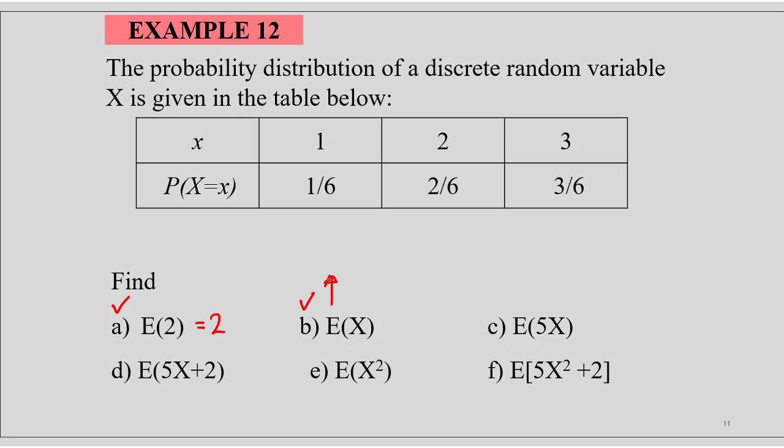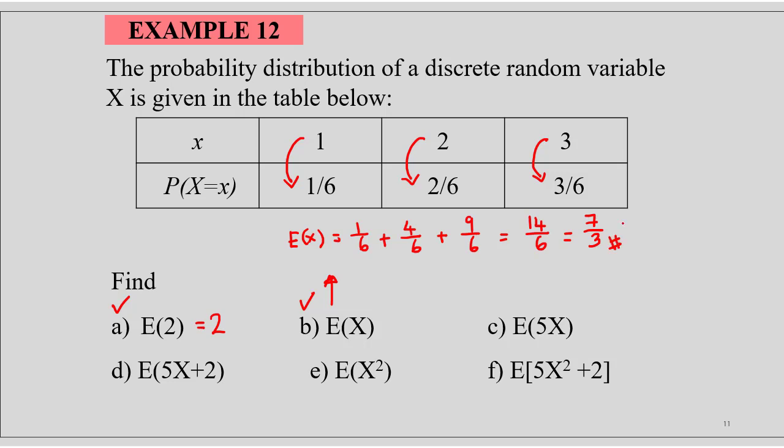And E(X) is the summation of the first random variable value with probability 1 over 6, then 2 times 2 over 6, and the third is 3 times 3 over 6. When we total up, it is 14 over 6, and after we simplify, because both are multiples of 2, we get 7 over 3 as the mean.